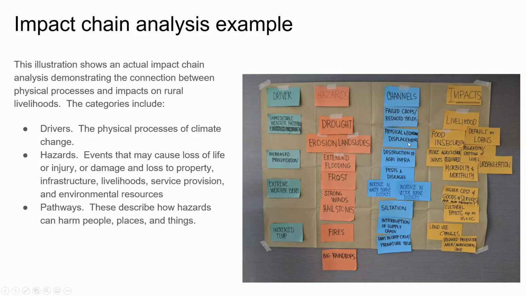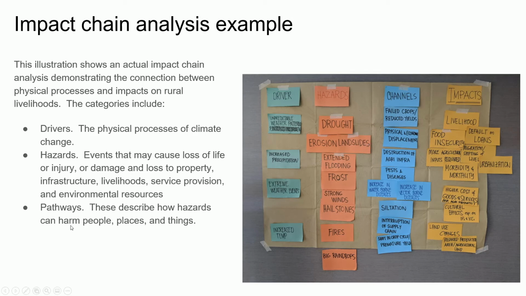It can lead to physical and economic displacement for sure, because people may lose their houses and they have to move someplace else. Or it can lead to destruction of agriculture infrastructure, physical damage to it. It can lead to failed crops and reduced yields, all of these things, right? So these are the channels, these are the ways that people are hurt by erosion and landslides. We could probably think of other reasons as well, but you get the idea.